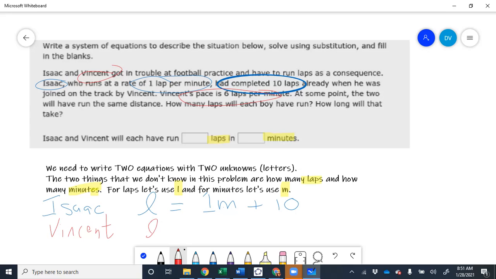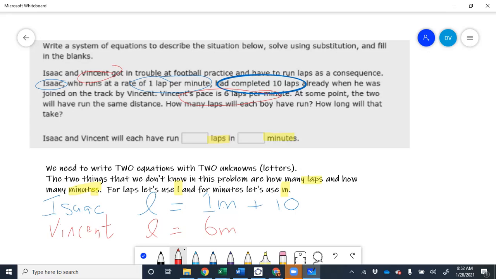The number of laps that he has run is 6 laps per minute, but he hasn't run any yet. So we could put a 0 here. You don't really need to write anything. When it's 0, you notice it doesn't say he already completed so many laps, because he didn't complete any yet. He just started. And once again, I wrote that 0 there, but I'm going to erase it because you don't need to have it. You could have it, but you really don't need to.